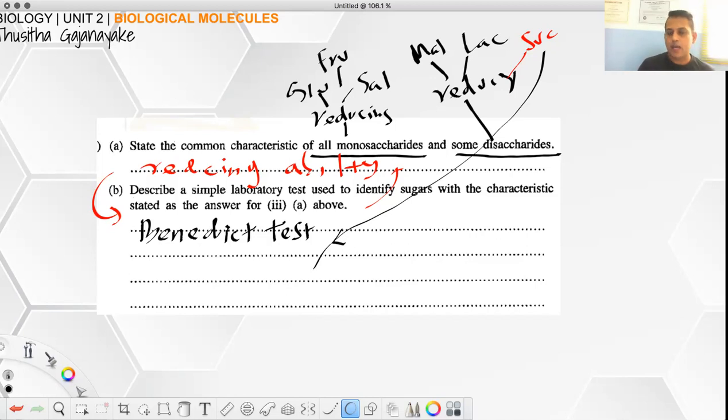We can check these sugars in the lab by the Benedict test. The detail of the Benedict test we are going to do at the end of this biological molecules topic, the practical part, right? Okay, we are moving to the next one, polysaccharides.